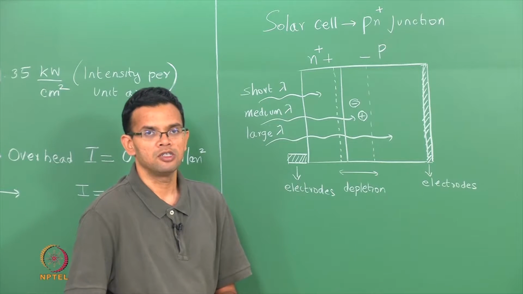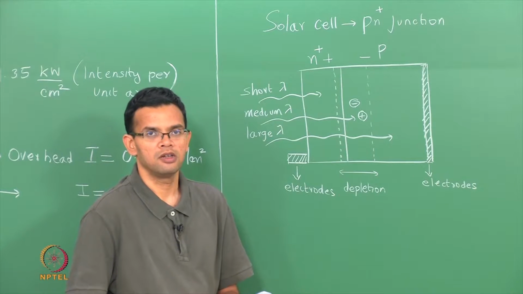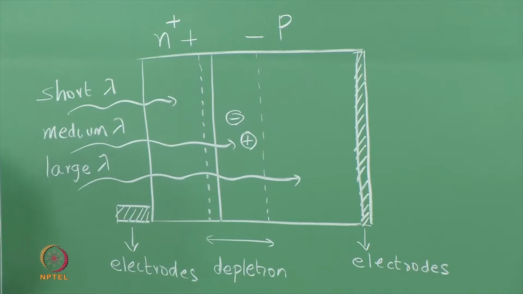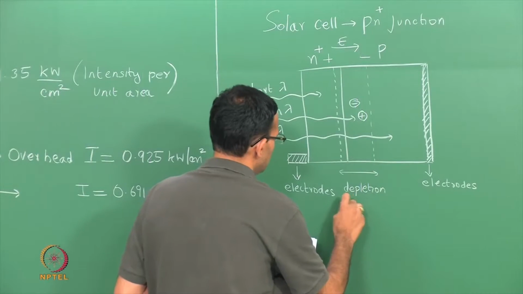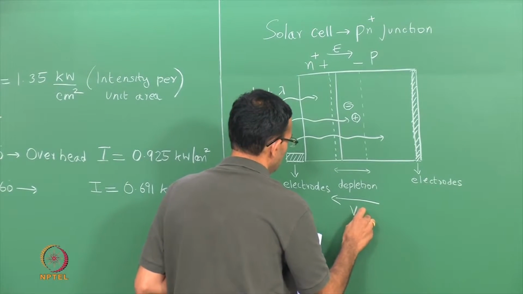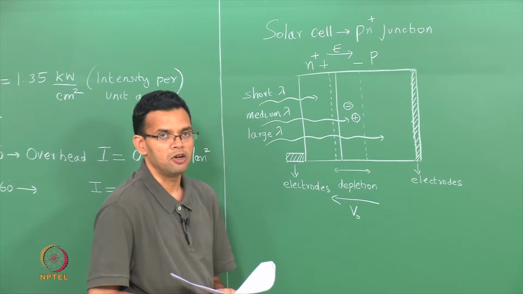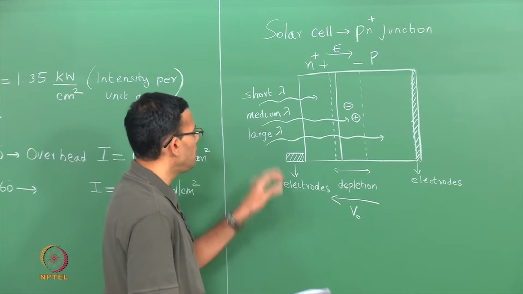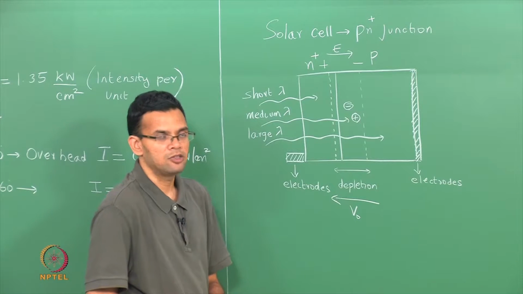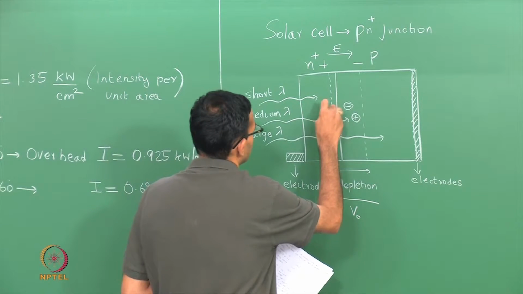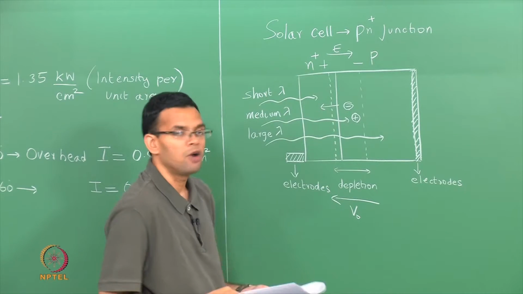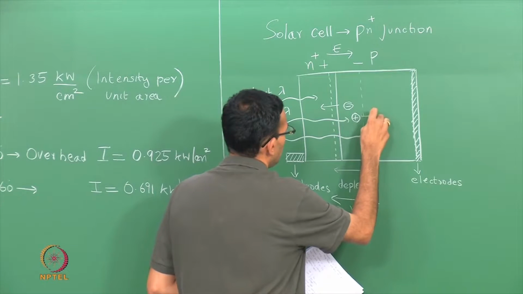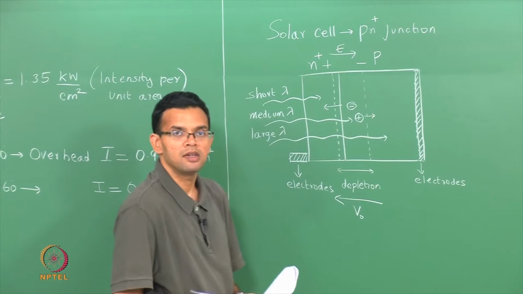This arises because the electrons and the holes recombine and get annihilated to give you a depletion region. So the electric field goes from positive to negative, which means there is a built-in potential or a contact potential V naught. So when the incoming radiation generates an electron hole pair, the electron is accelerated towards the n side because it sees the positive potential, and the hole is accelerated towards the p side.